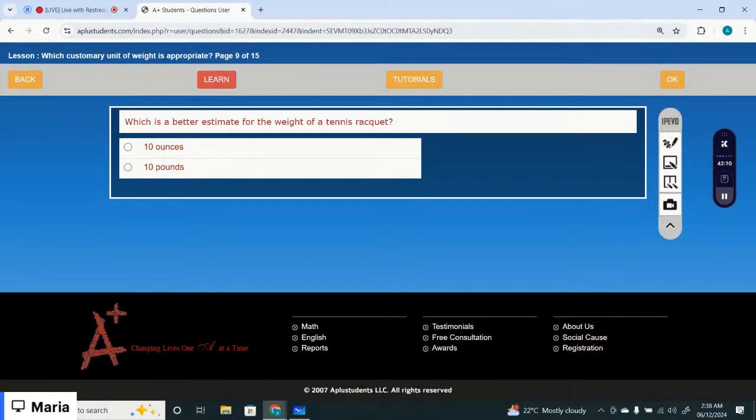Which is a better estimate for the weight of a tennis racket? That is 10 ounces.